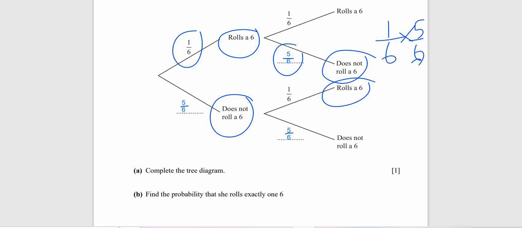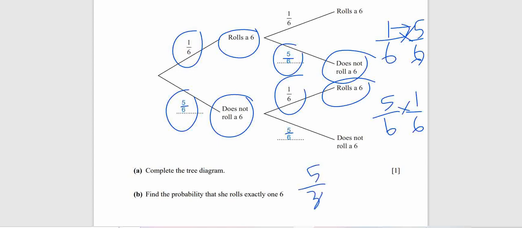This path is also the same, 5 over 6 times 1 over 6. Then we add it up: 1 times 5 is 5 over 36, plus 5 over 36, so we got 10 over 36. Then we simplify, divided by 2 becomes 5 over 18. That's how we got the answer.